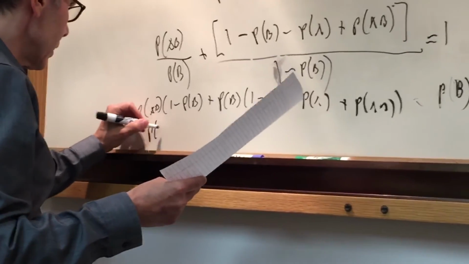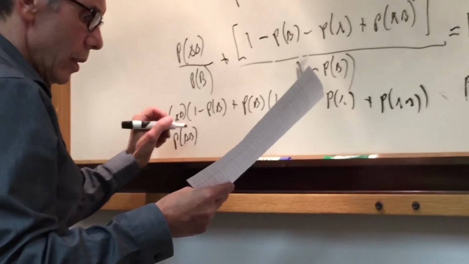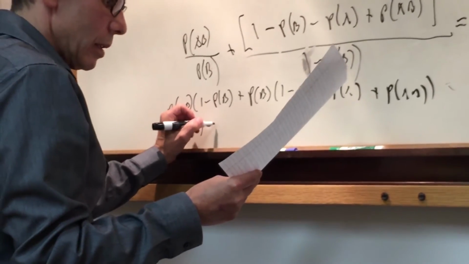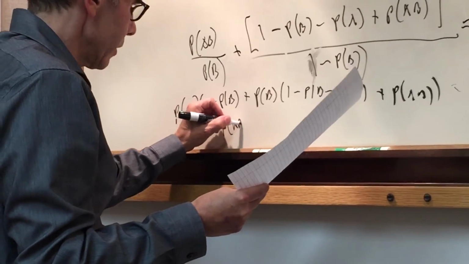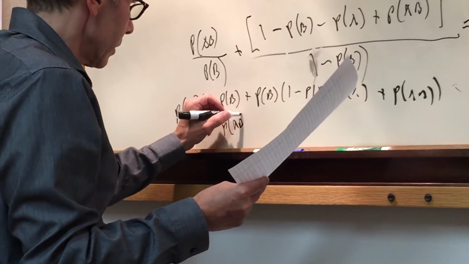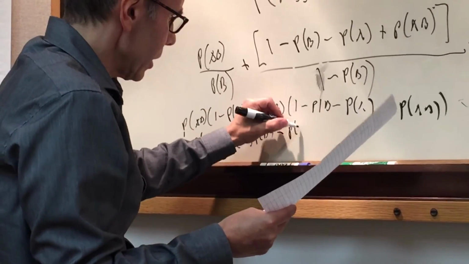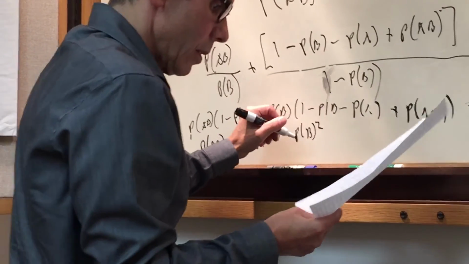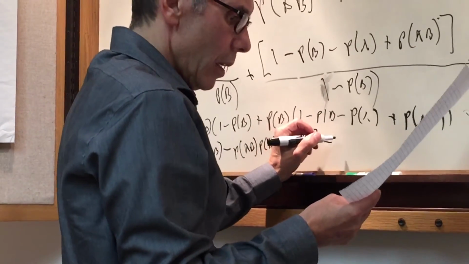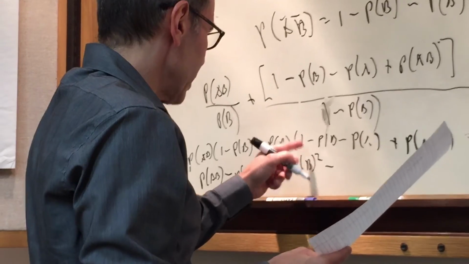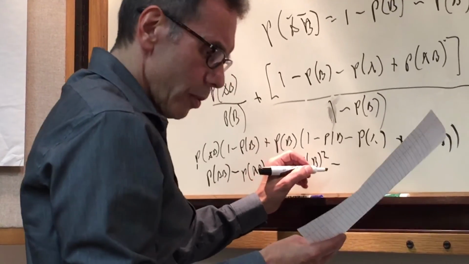So probability of AB minus probability of AB times probability of B minus probability of B squared. And this actually should be probability squared, maybe not B squared. That's open to interpretation.